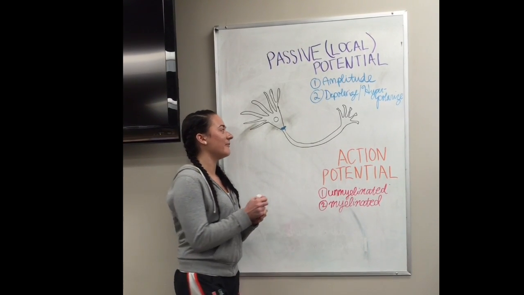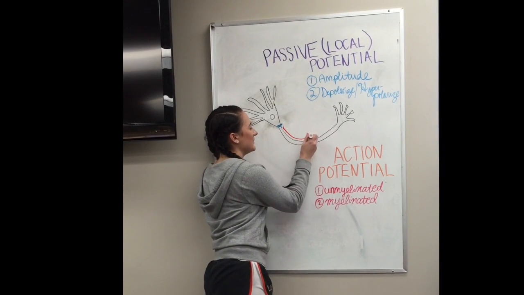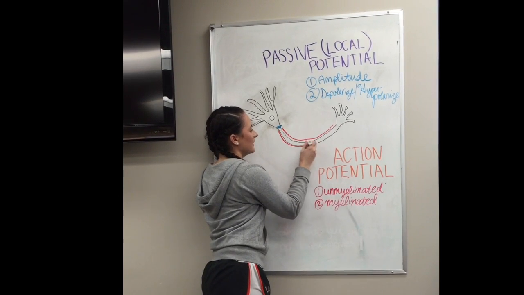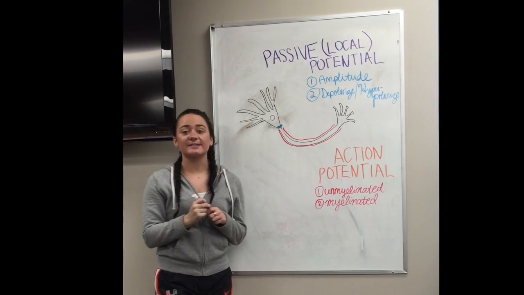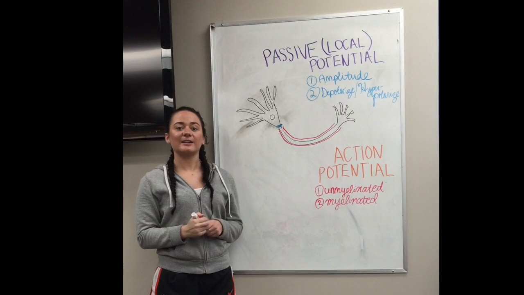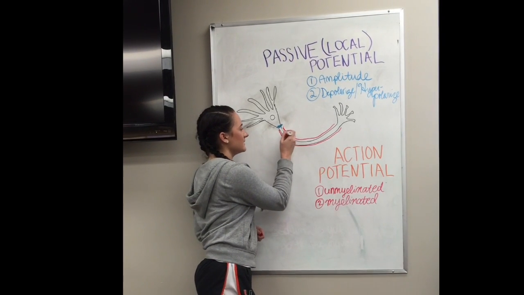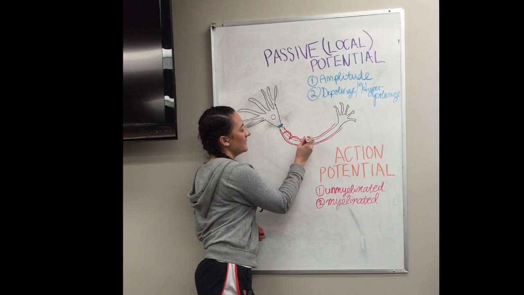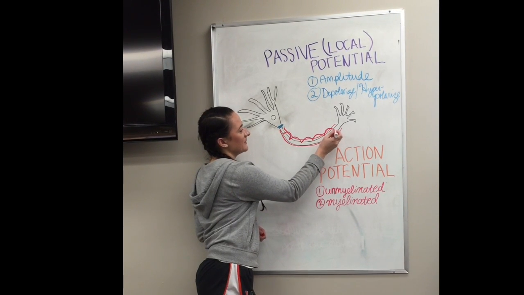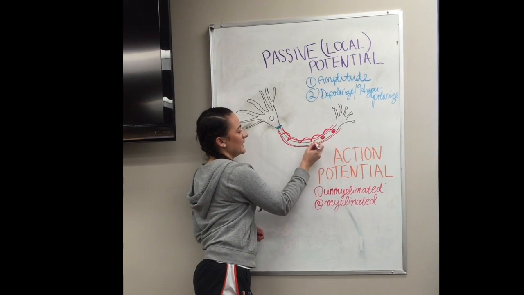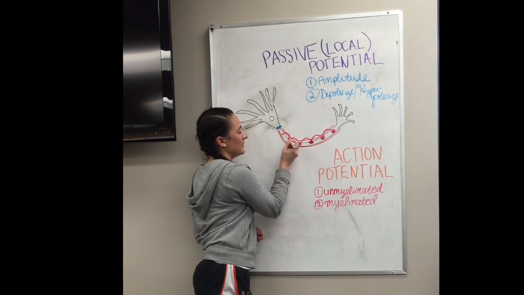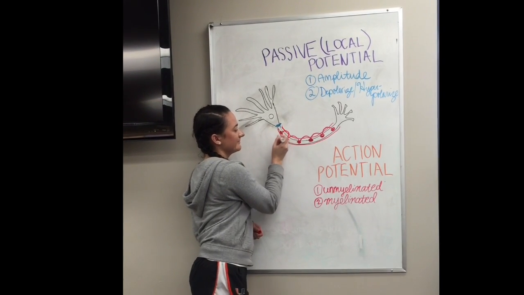But if you have myelinated, so that'll be with your myelin sheath, you're going to have a faster conduction, and the name of that conduction is saltatory conduction. The reason it's going to be faster is because you're going to have a skipping motion over your nodes of Ranvier. So it's going to be a faster conduction when you have myelination.